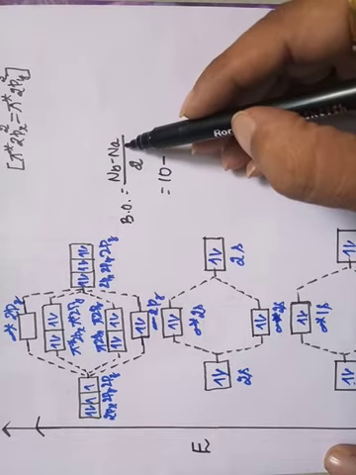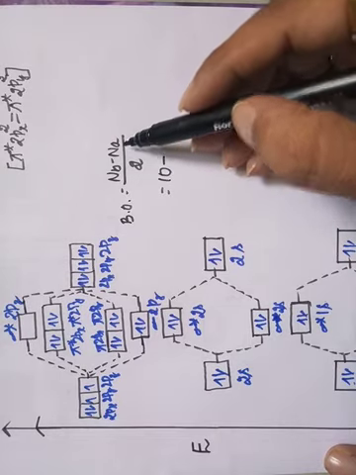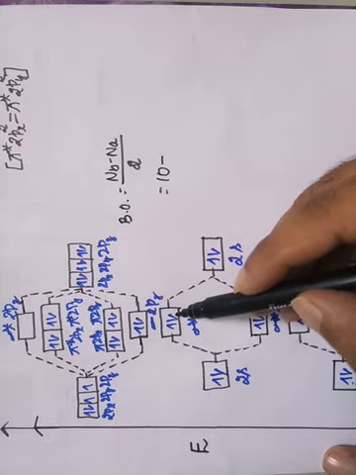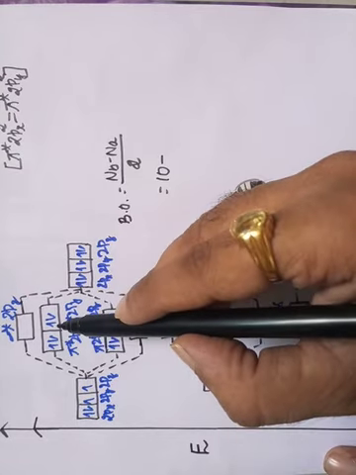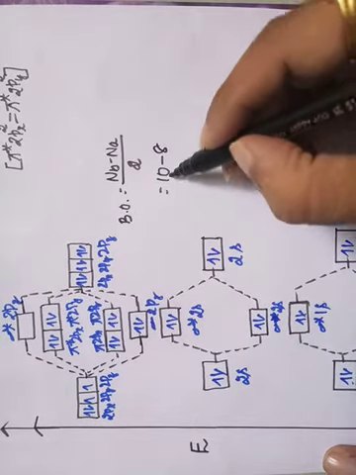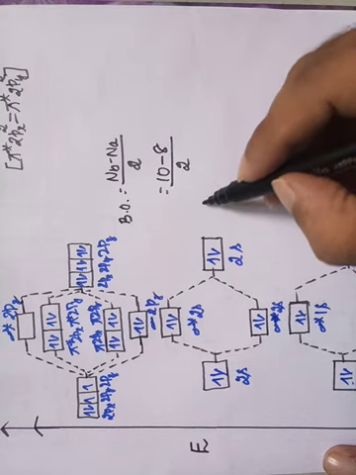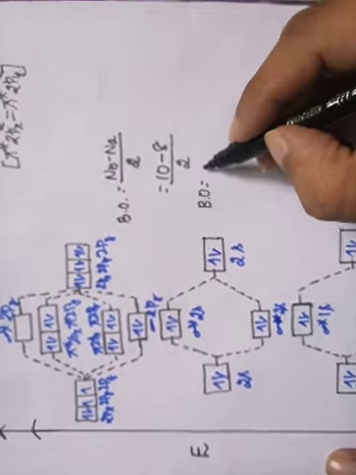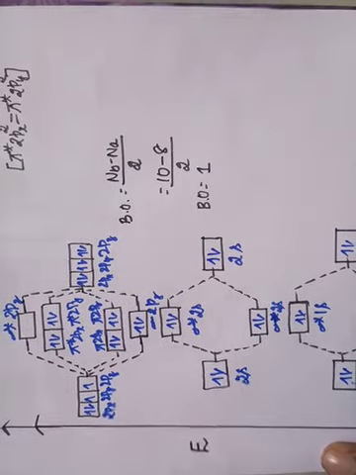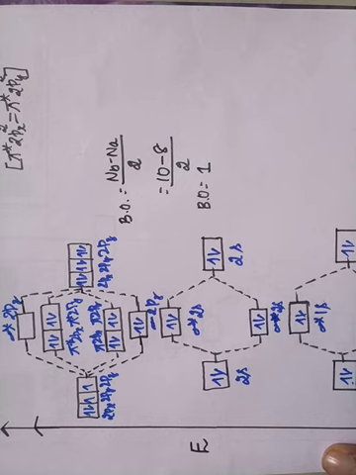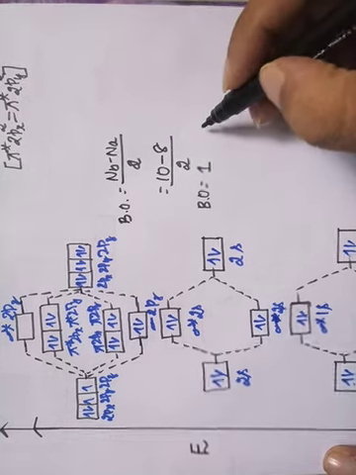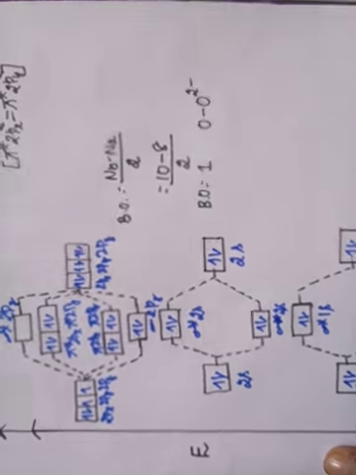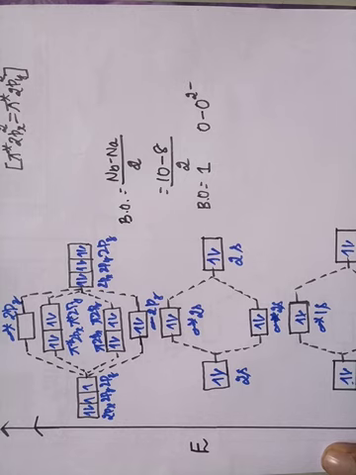Next, Na, the number of electrons in the anti-bonding molecular orbitals: 2 plus 2, 4, 5, 6, 7 and 8. So there are 8 electrons in the anti-bonding molecular orbitals. Therefore bond order is equal to 1. That means a single bond is present between the two oxygen atoms of the peroxide ion.